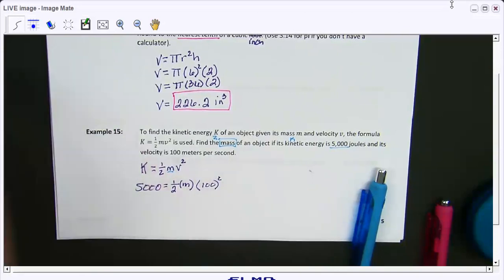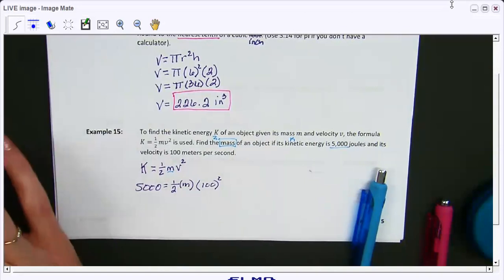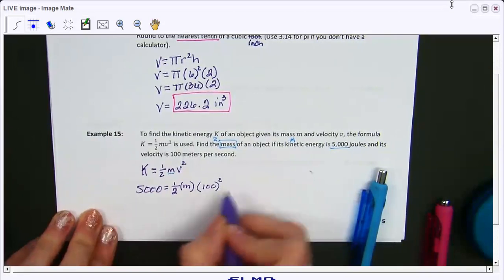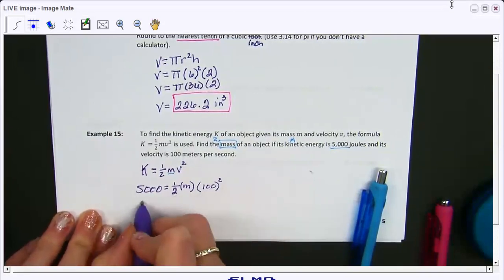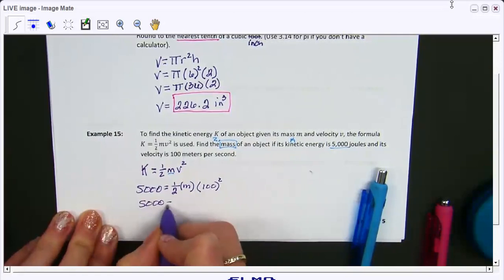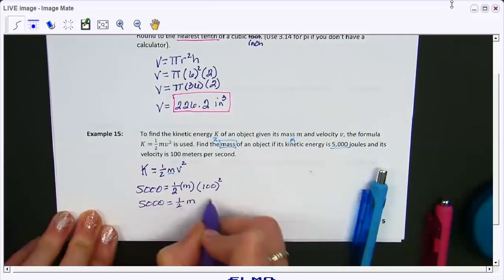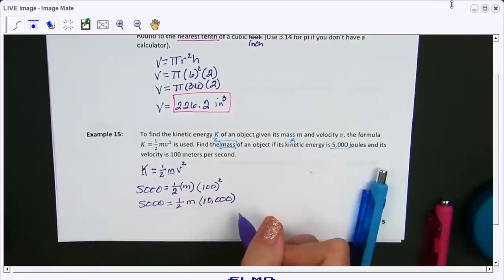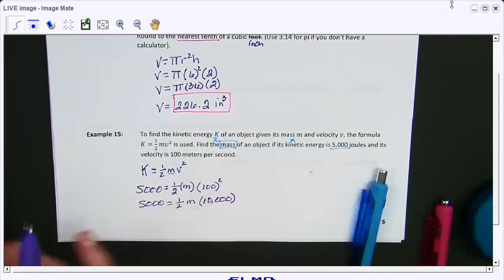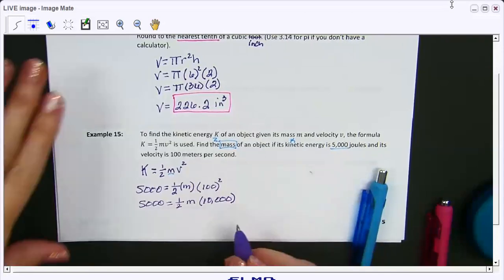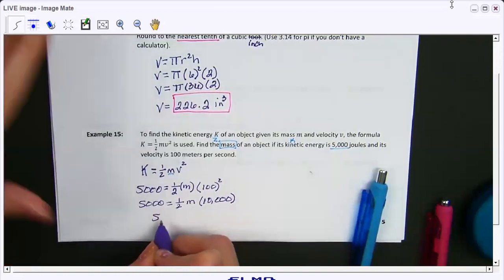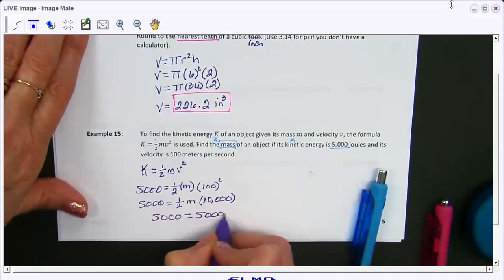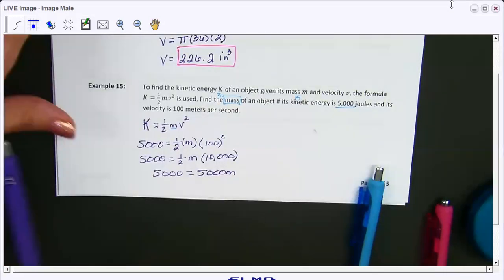So I can go ahead and start solving it this way. I could do 100 squared divided by 2 if I wanted to, or you can multiply it by 0.5. So when I take 10,000 times 0.5, I get 5,000. So 5,000 equals 5,000 M. And then we just divide both sides by 5,000.